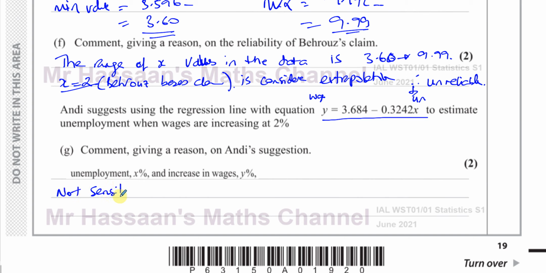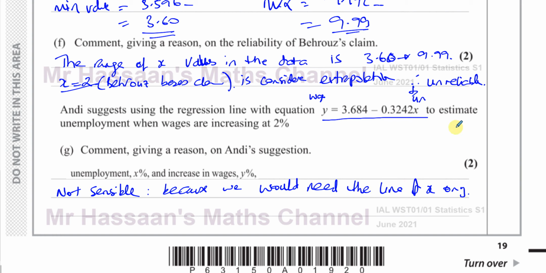because we would need the regression line of X on Y. You can estimate the wages given the unemployment with this one.